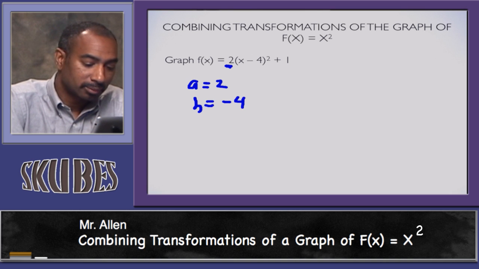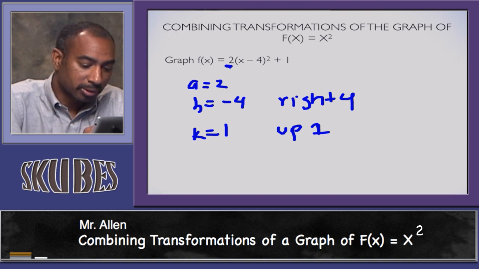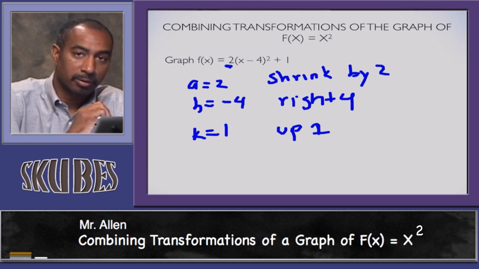And we got to go up 1. So it means you got to translate up 1, to the right 4. And we're going to shrink it by 2, like we did in the previous lesson.